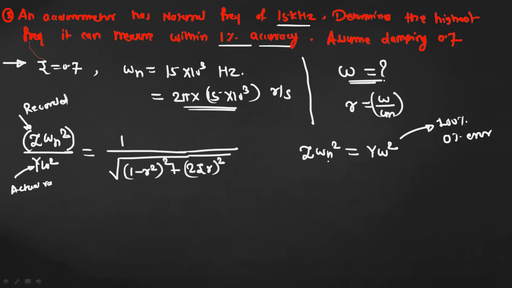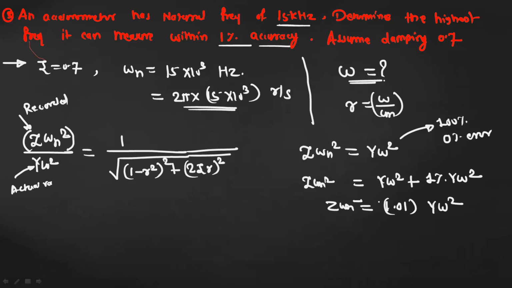So this ratio, z omega n square upon y omega square. We will write this z omega n square equal to y omega square plus 1% of y omega square. This is one possibility. So it will become 1.01 of y omega square. So this is z omega n square.